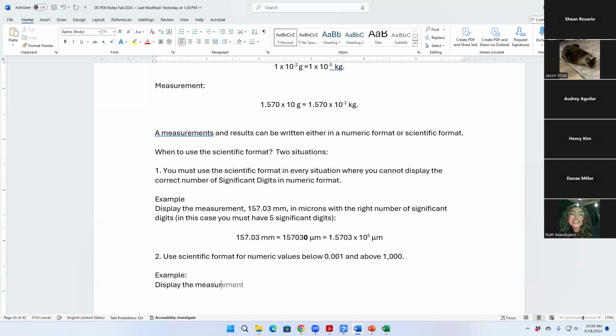Display the measurement 0.0005. Okay, let's say that's going to be meters. Yeah, that's good. And in scientific format.